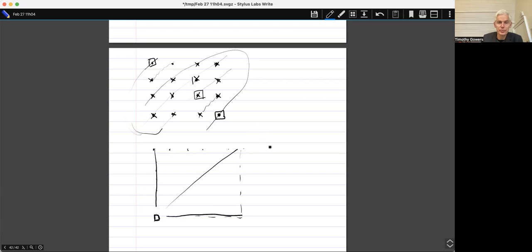Now I have to pick A1 up to A_{2n minus 1}, and still the condition is that, oh, I've got 2 conditions. AI doesn't equal I, and AI minus AJ doesn't equal I minus J. Is that any easier to think about?